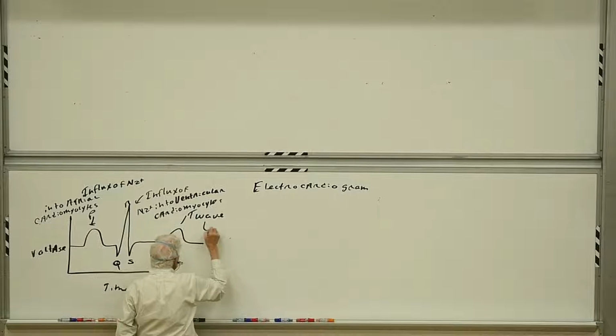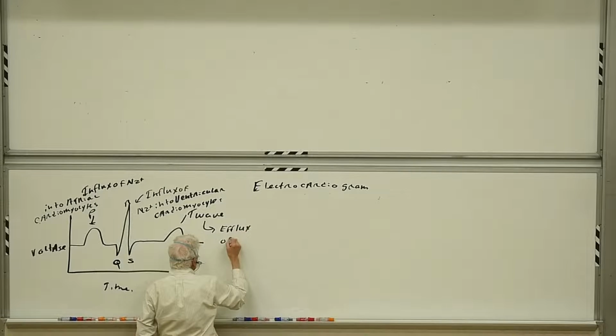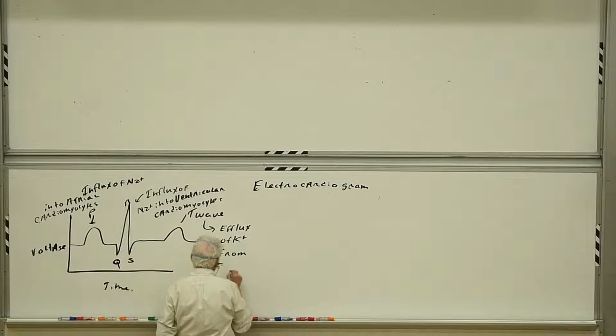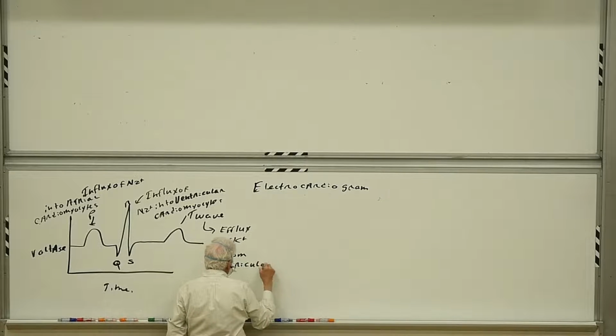And finally, the T wave represents the efflux of potassium from ventricular cardiomyocytes.